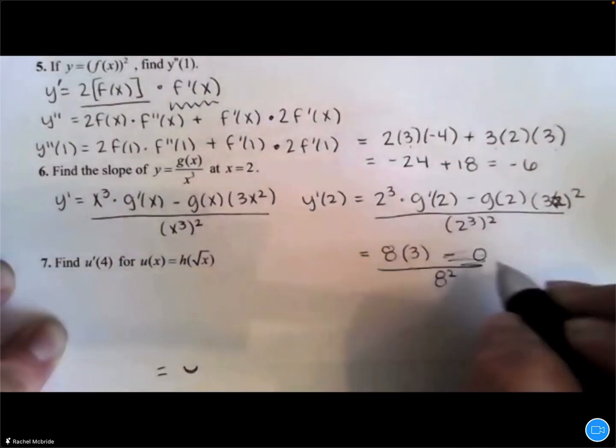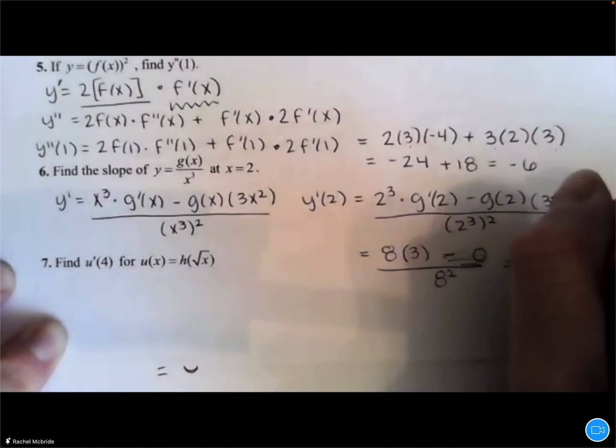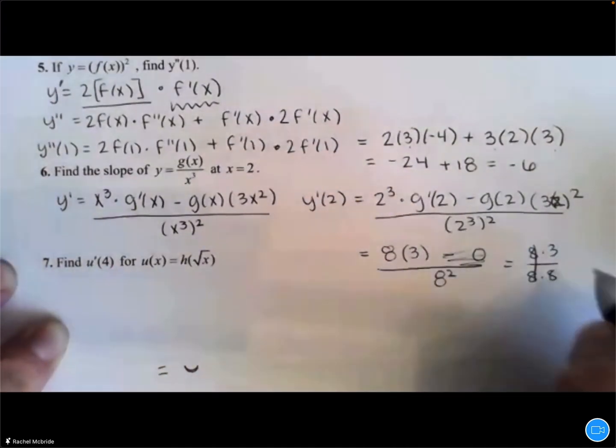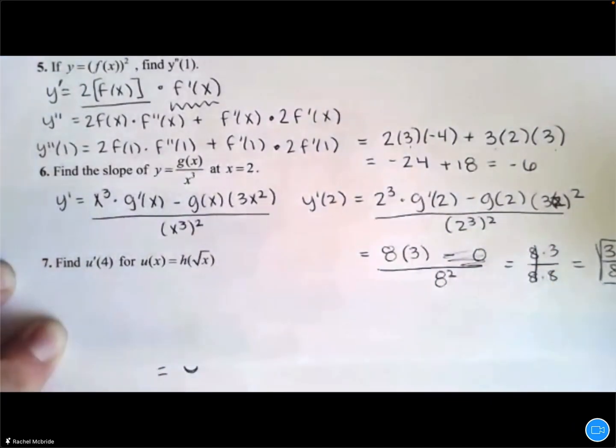Since that's a minus 0, this is kind of like 8 times 3 over 8 times 8. And make your life easier, cancel those 8s, and you get 3/8.